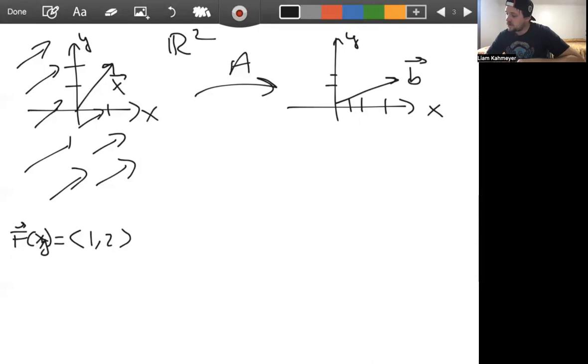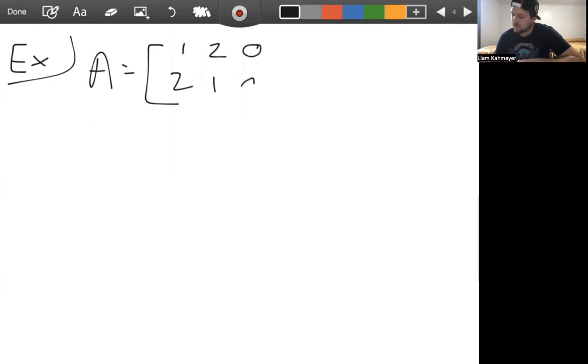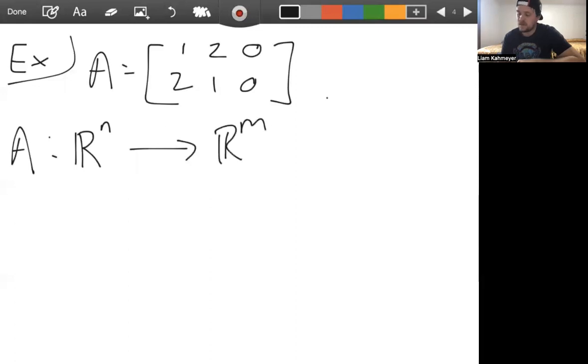So let's do another example here. Let's say A is the matrix 1, 2, 2, 1, 0, 0. If A is to be understood as representing a map from some dimensional Euclidean space to another dimensional Euclidean space, this is going to be a map from Rn to Rm, right?